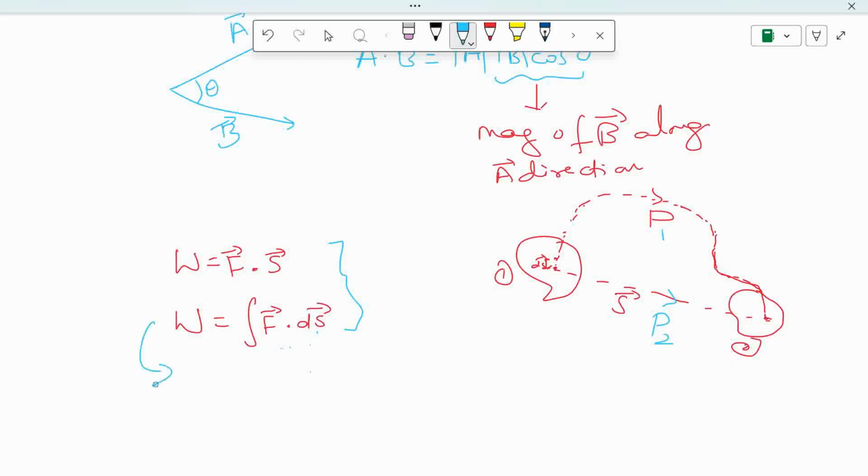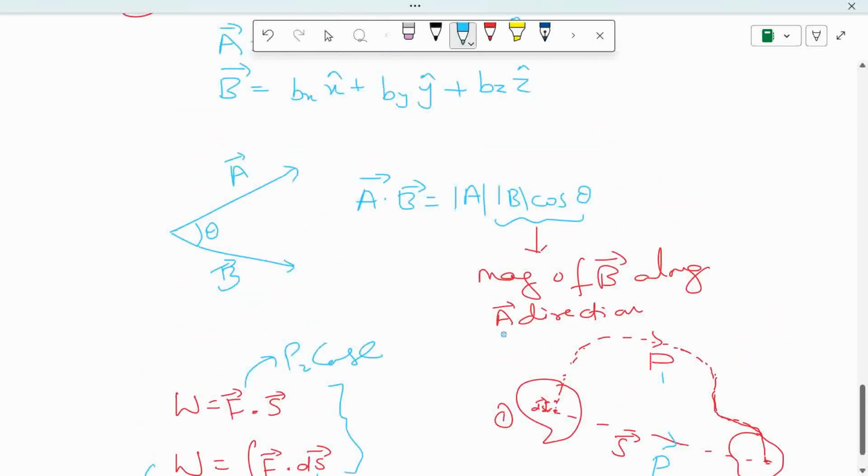So this will be applied for the path P1 case, and this is applied to the other. Now in EMT, either of the cases can be there. Either this might be applied or this might be applied, but we need to understand why we are using this formula or this formula.